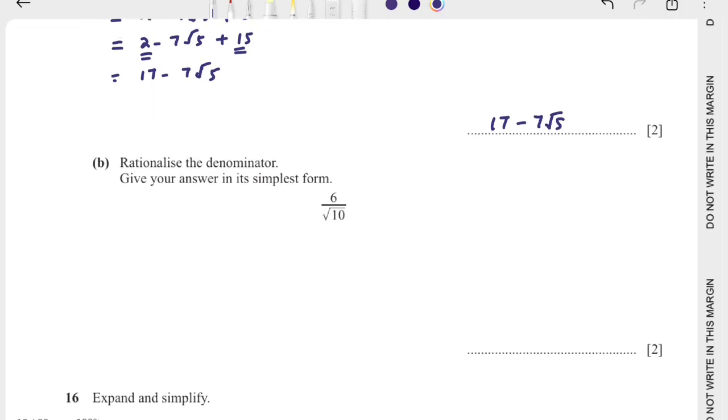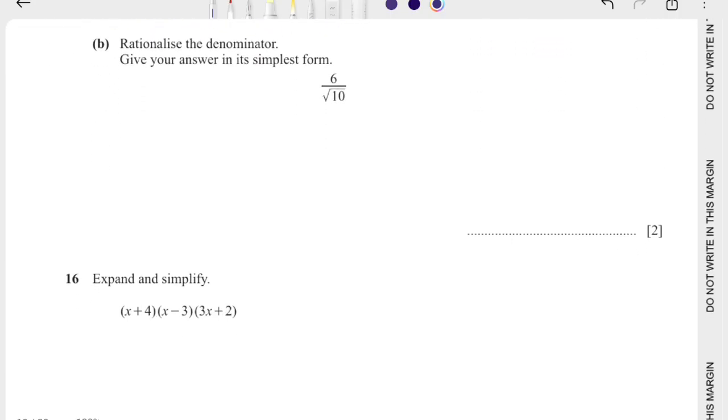Part B. Rationalize the denominator. Give your answer in its simplest form. We'll multiply the upper and lower part with square root of 10.